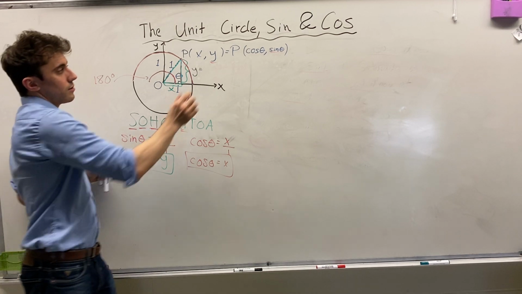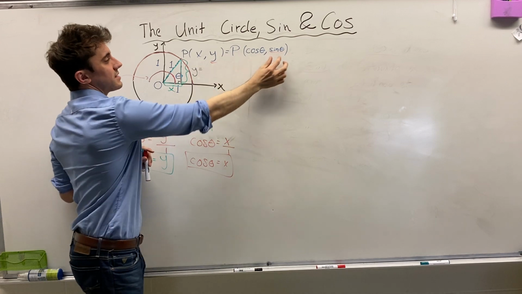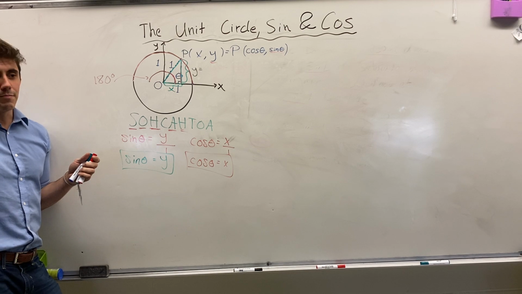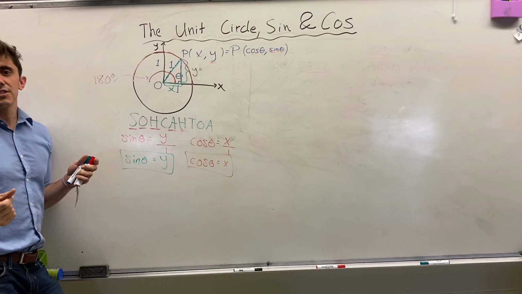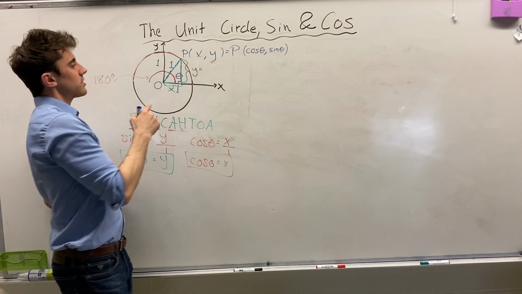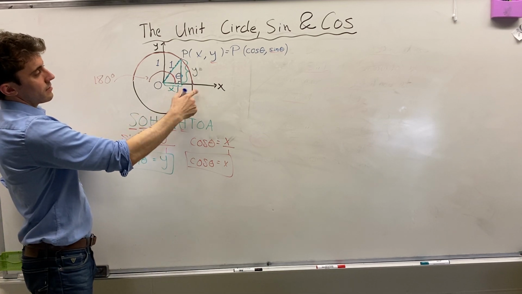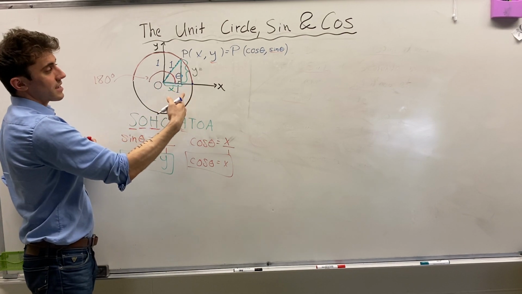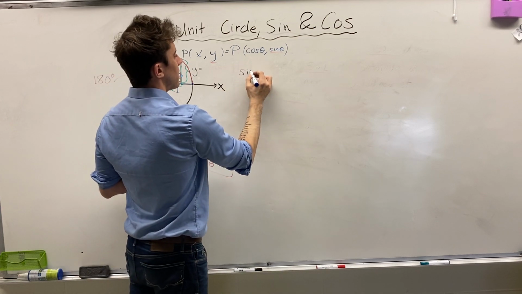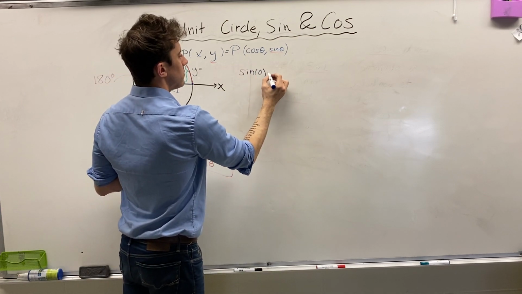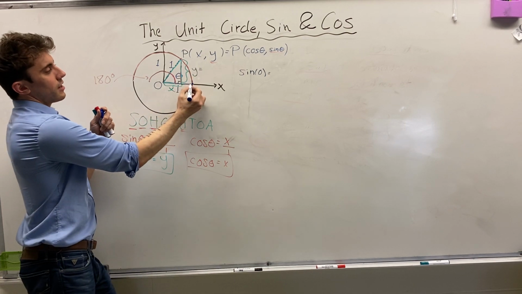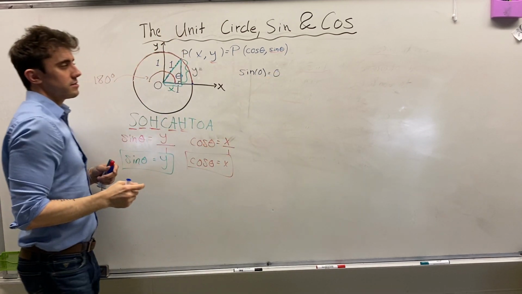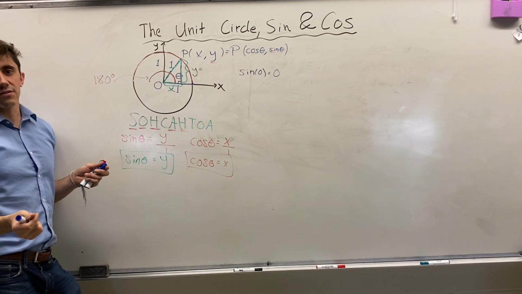Now, since y gives us precisely sine of theta, there are many values that we can embed in our memories that are easy to recover anytime we need them. So, for example, if the point P is right here, then theta is 0 degrees, right? It's smack dab on the x-axis. And so that means that sine of 0 is simply the y-coordinate of this point here. The y-coordinate of that point there is 0.